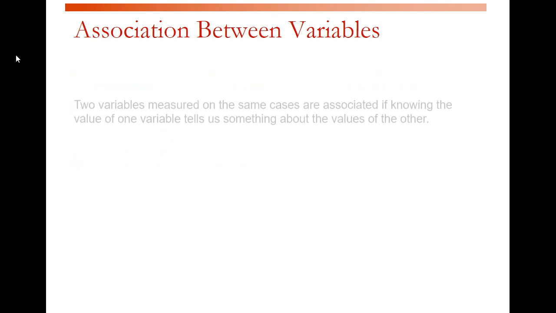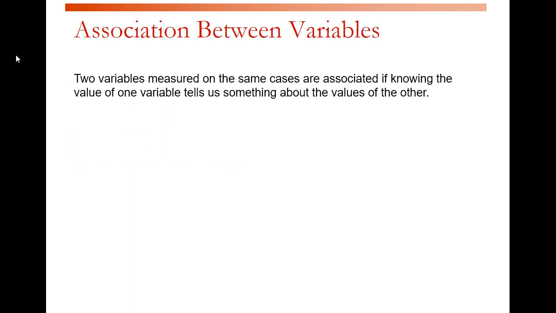So first of all, we say two variables measured on the same cases or units are called associated if knowing the value of one variable tells us something about the values of the other.